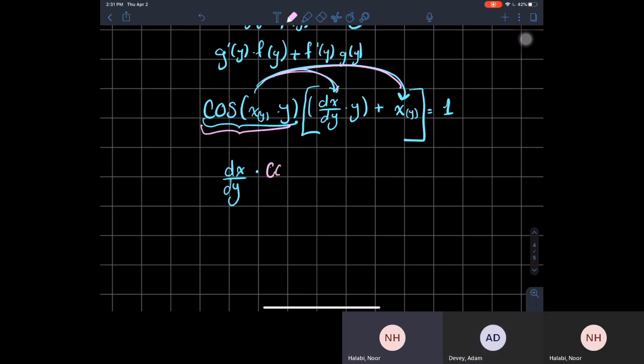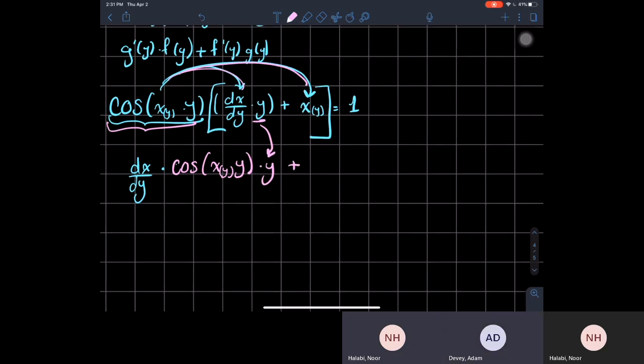So it's just going to be times cosine of xy, times y, because this y right here becomes that. Now plus this cosine xy stays the same. This one gets dropped here, xy times cosine xy times y. Equals 1, obviously.